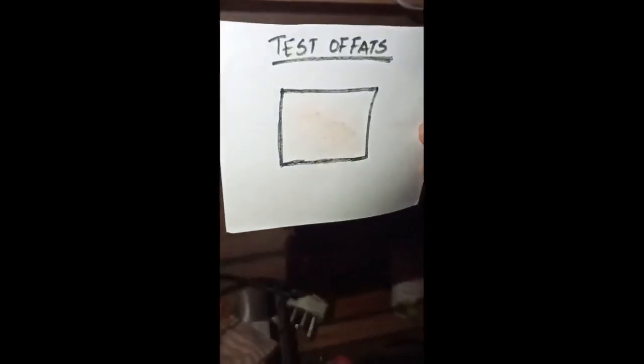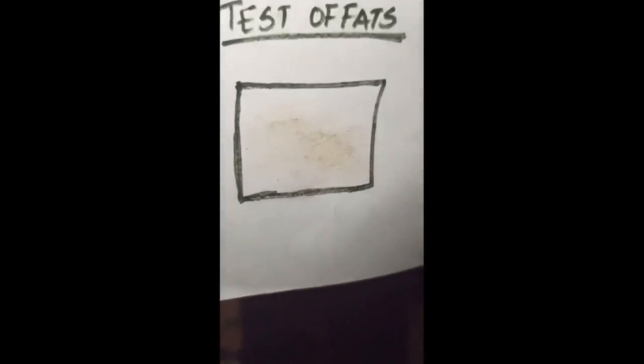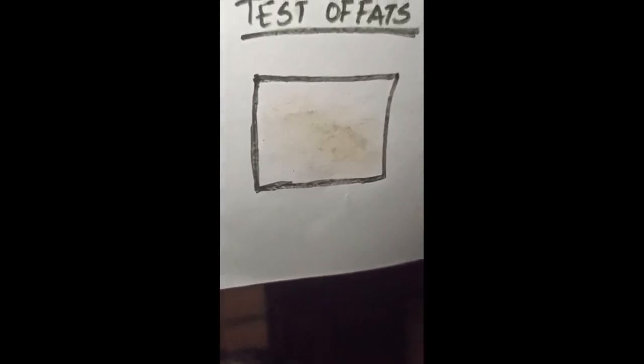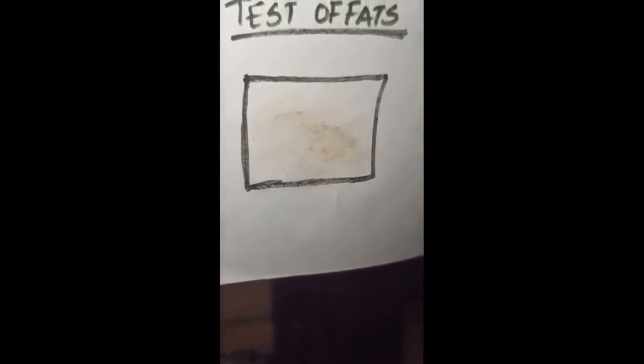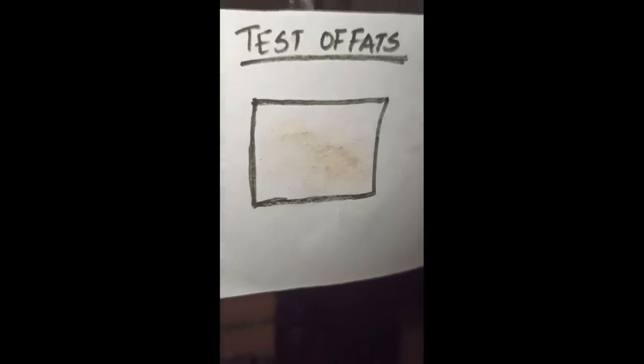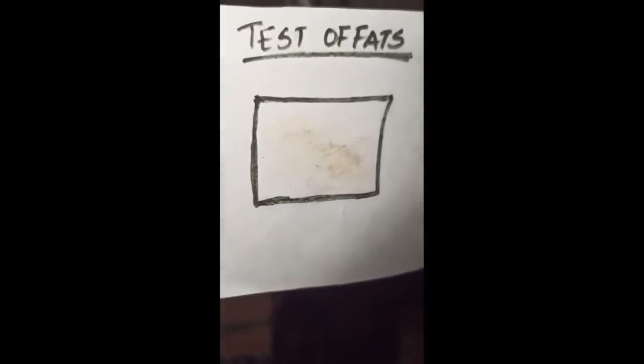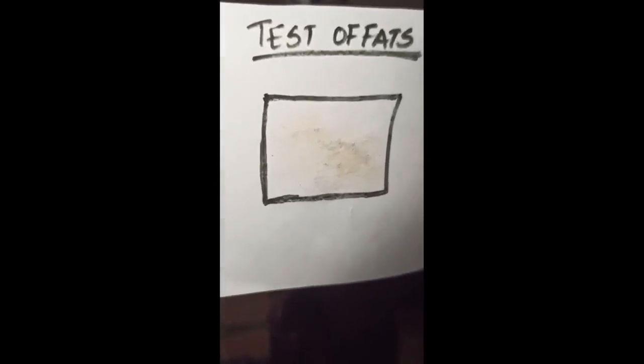When you see this paper in a darker region using a torch or even in the sunlight, you can see the center of the marked area get translucent, so that shows the appearance of fats. So the given food sample has fats in it, so that shows the test of fats.